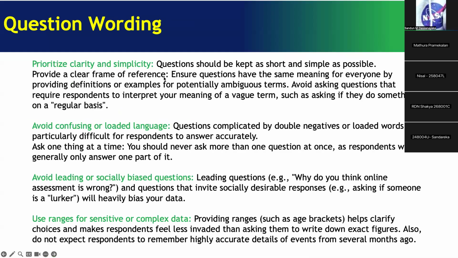Provide a clear frame of reference. Prioritize clarity and simplicity. Avoid confusing or loaded language. Avoid leading or socially biased questions, and use ranges for sensitive and complex data. These are the things that you have to do all the time when you are collecting responses.